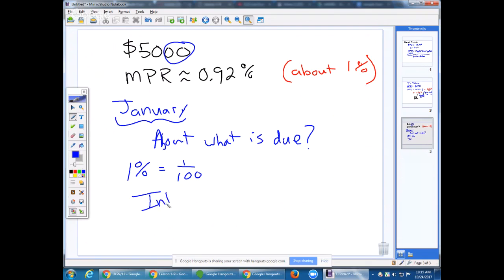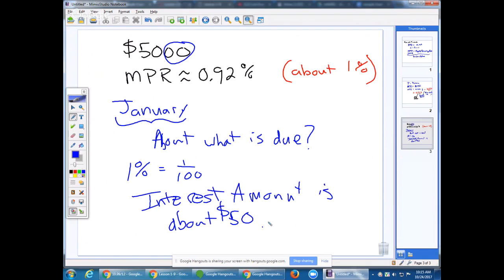So I think the interest amount is about $50 for January. When banks do these calculations, they actually take into account how many days are in a year, so they'll get slightly different numbers, but it's going to be about 50 in our estimation.